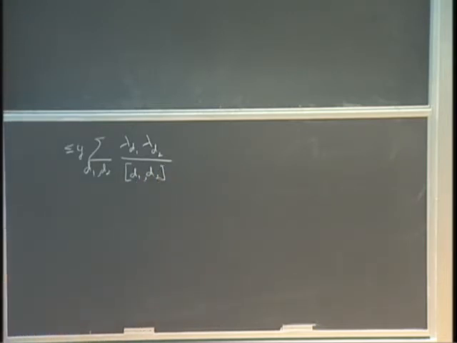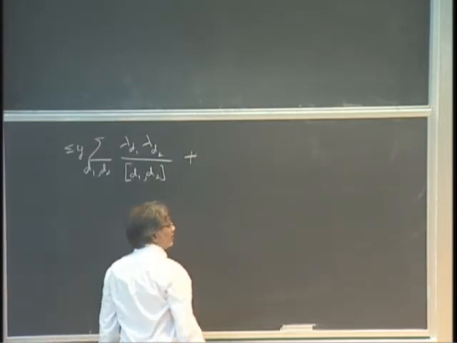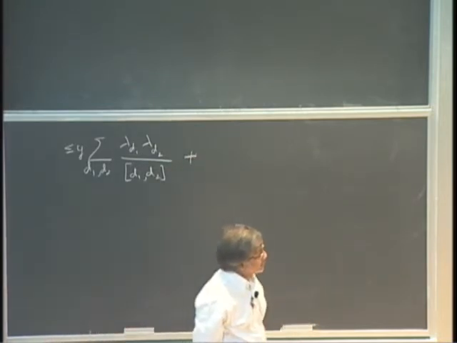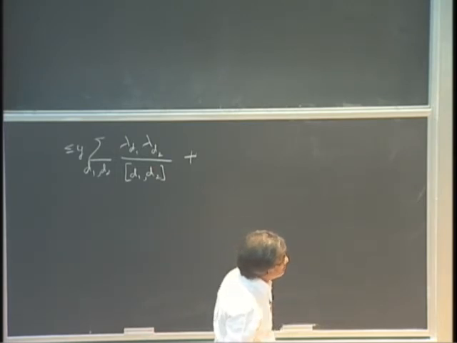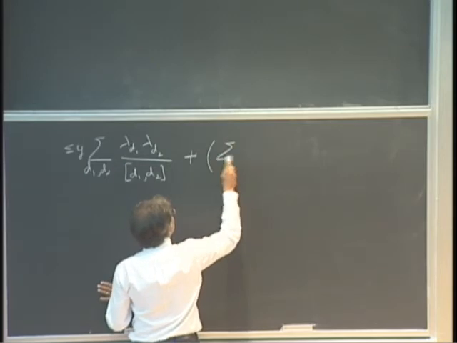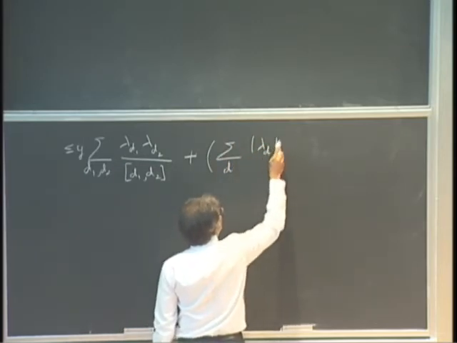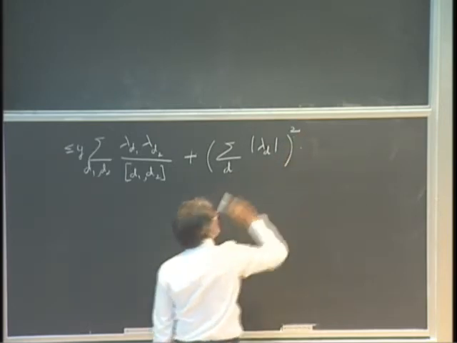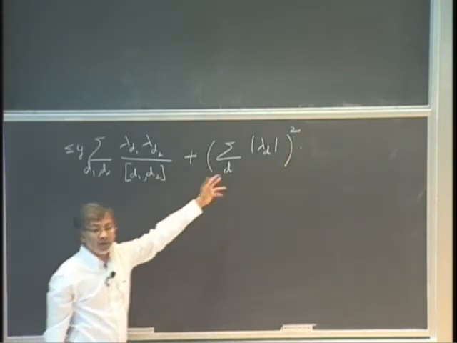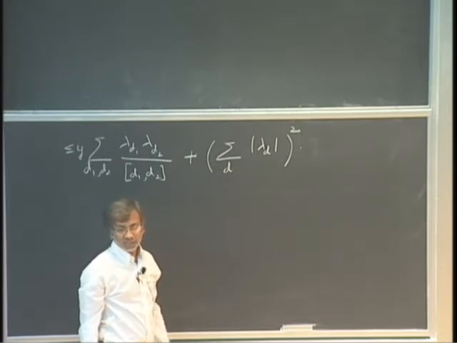And then I have an error term, or writing everything explicitly, that number theta is less than 1 in size, and therefore what I have here is the sum over d, the size of lambda d, and the quantity squared. Right? When I square it, I get d1 and d2. Okay? This is an actual inequality.